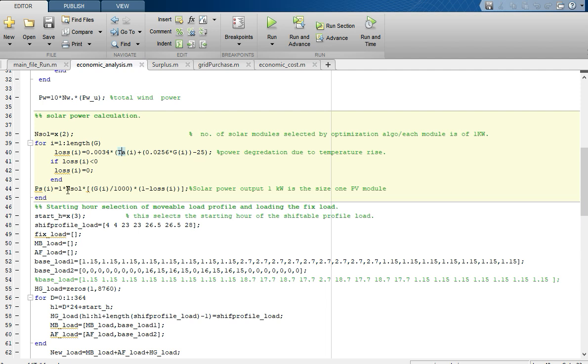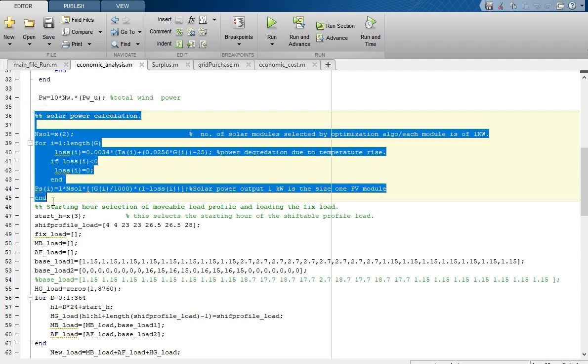Here is the total number of solar panels, each of 1 kilowatt, and the number of solars is also selected by the optimization algorithm, x2. G is the solar irradiance divided by 1000 to convert it to kilowatts, and here is just a parameter factor we have calculated. I will share a formula for solar modeling, and you will see how this is implemented. You can see it, it's not a problem.